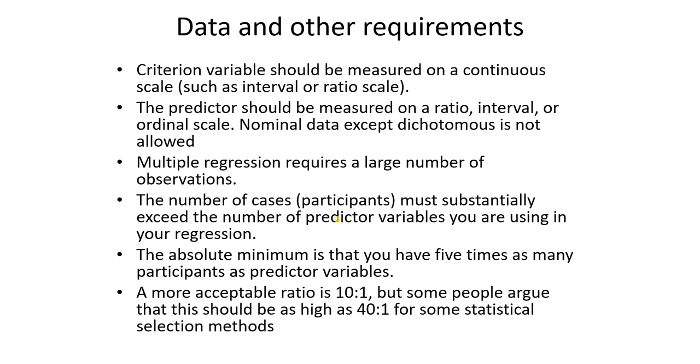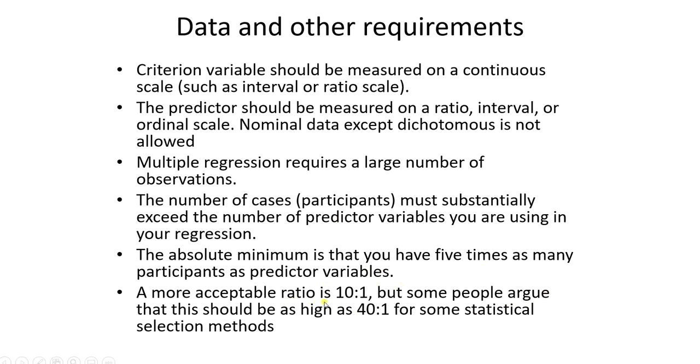Similarly, multiple regression requires a larger number of observations, so the sample size should be bigger. The number of cases must be substantially higher than the number of predictor variables. And there are no general rules. For example, a few researchers suggest that one should keep a minimum of 5 times as many participants as predictor variables.